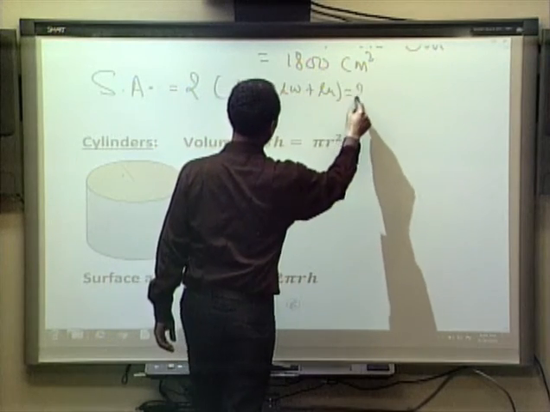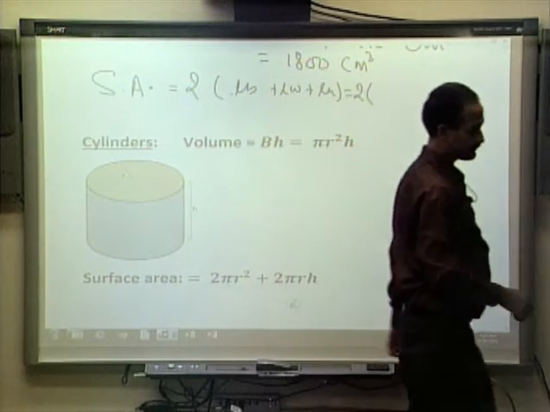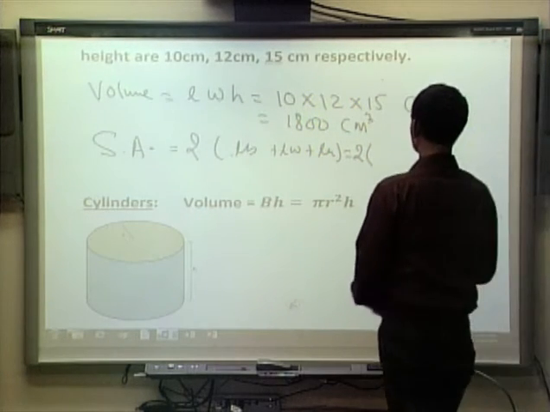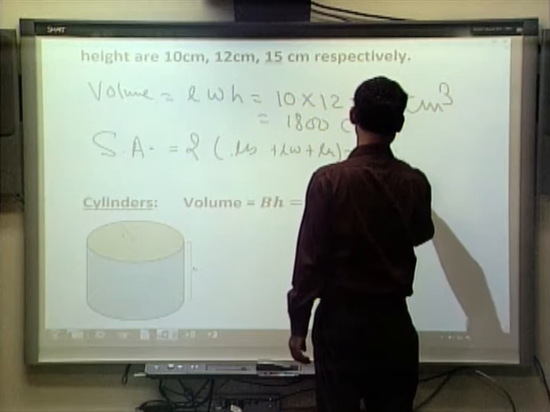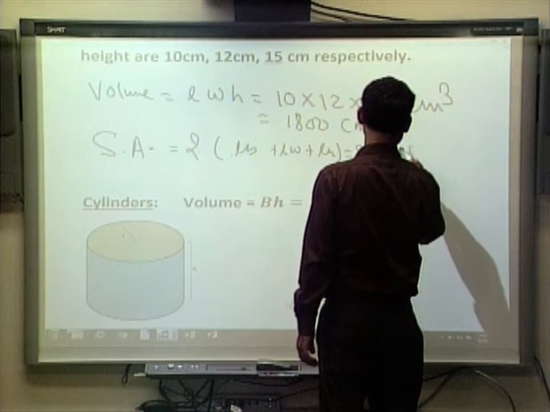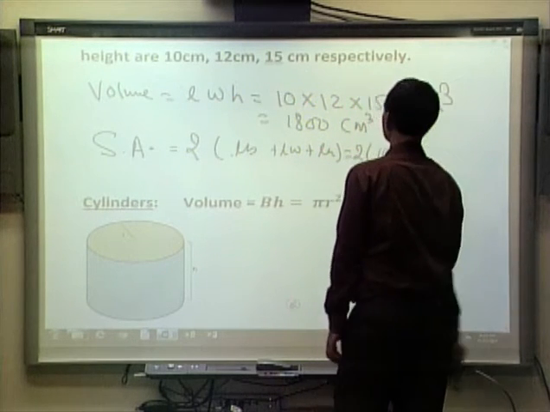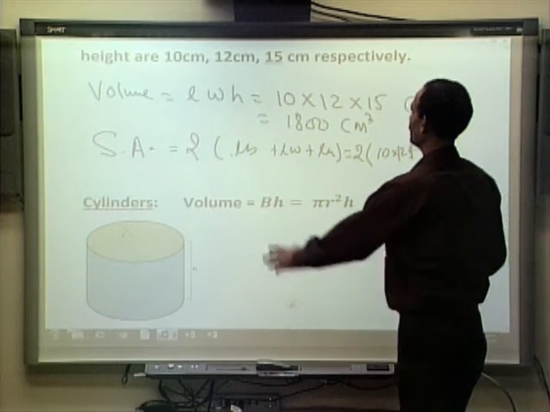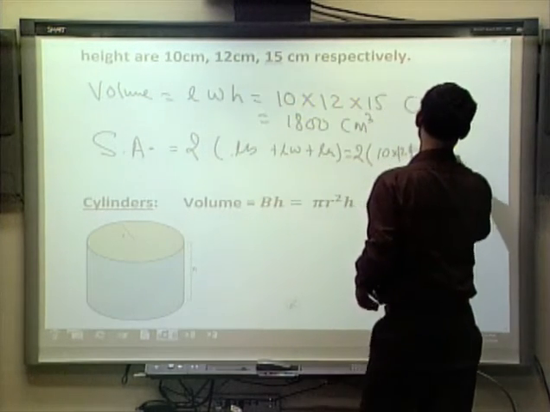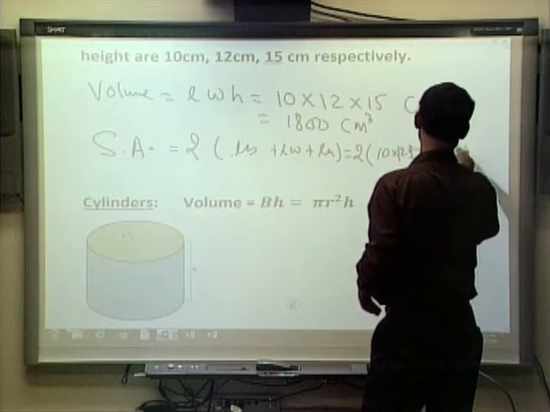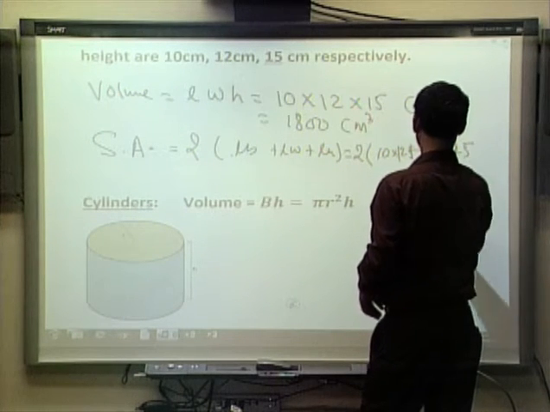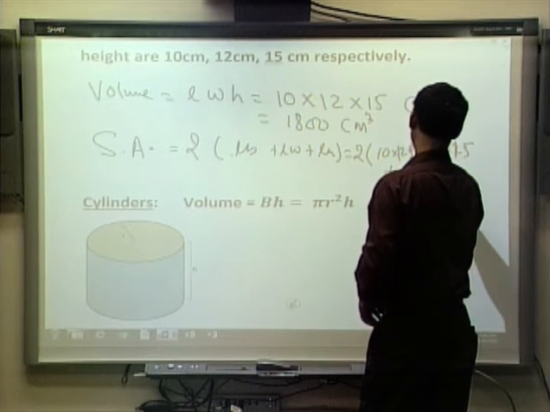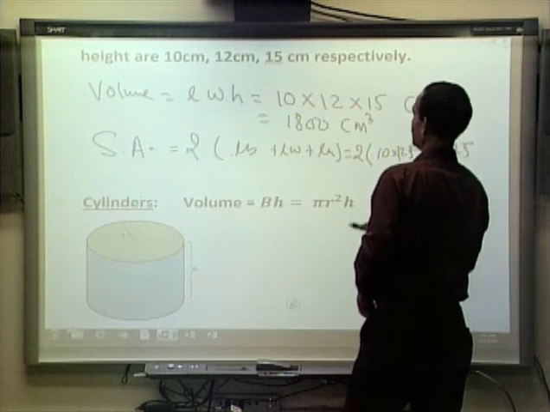So, this will be 2 times, LB, L is 10, B is 12, so 10 times 12, plus LW, which is 10 times 15, plus 12 times 15.